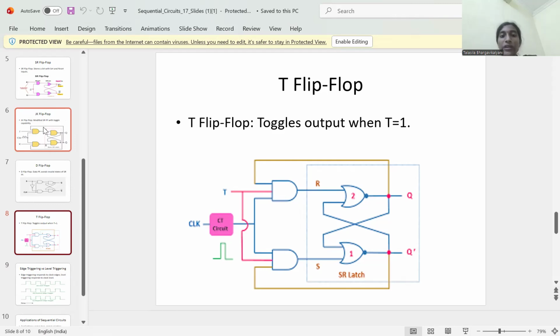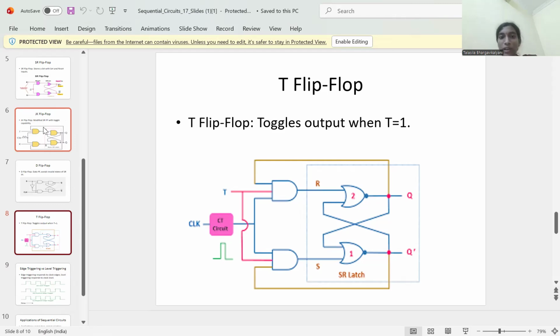If Qn is equal to 1 and Qn plus 1 is equal to 0, then T is 1. If Qn is equal to 1 and Qn plus 1 is equal to 1, then T is equal to 0. There is a simple logic that if both present state and next state are the same binary numbers, then the T value is 0.